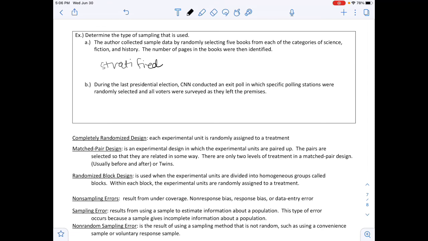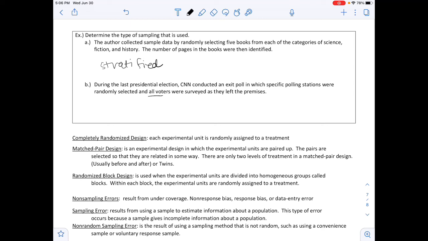Part B says during the last presidential election, CNN conducted an exit poll in which specific polling stations were randomly selected and all voters were surveyed as they left the premises. So right now things are broken into the polling stations. So we have them in groups, and it says they were randomly selected and all voters were surveyed as they left the premises.